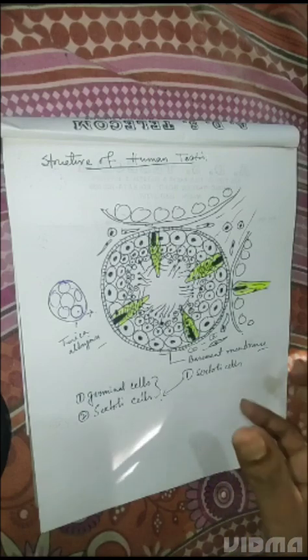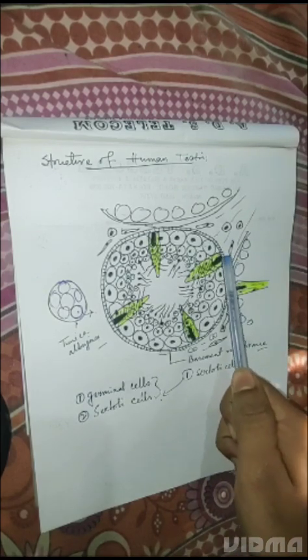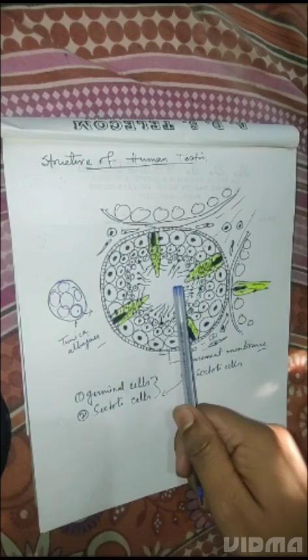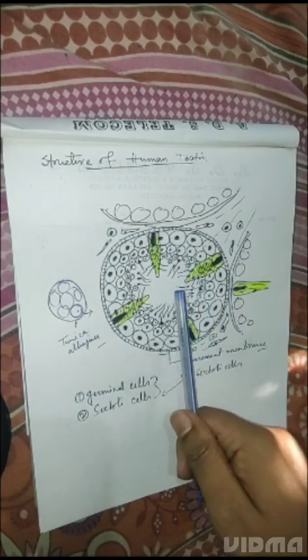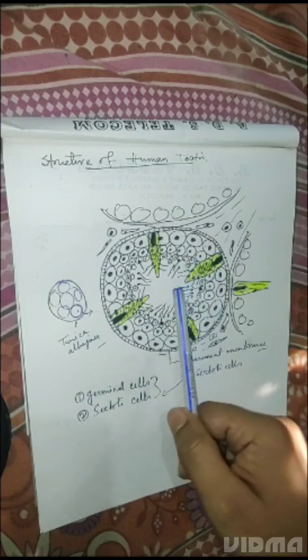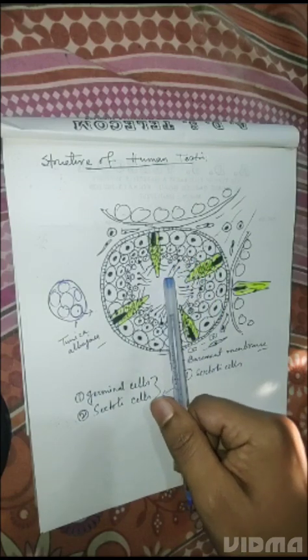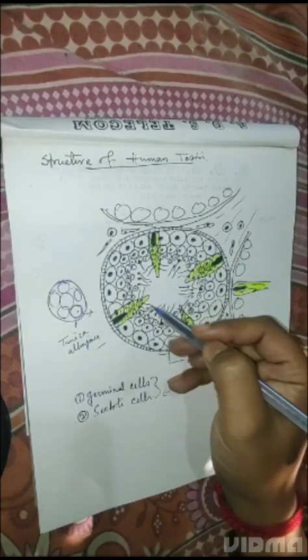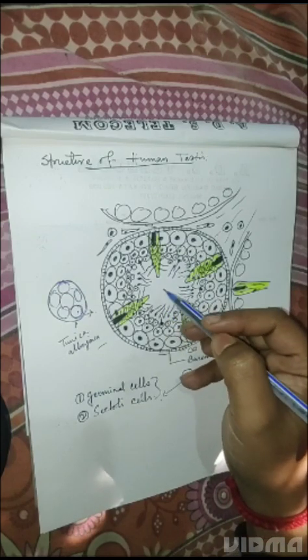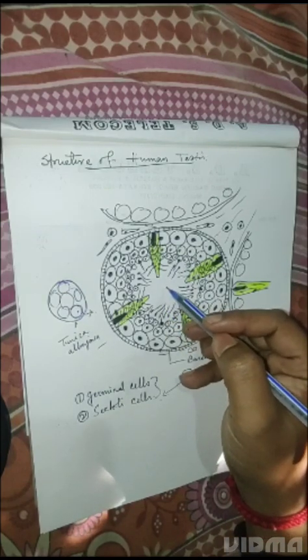From the basal lamina, or basal membrane, to the inside of the seminiferous tubular lumen, you can say this whole empty space here is called the seminiferous lumen.